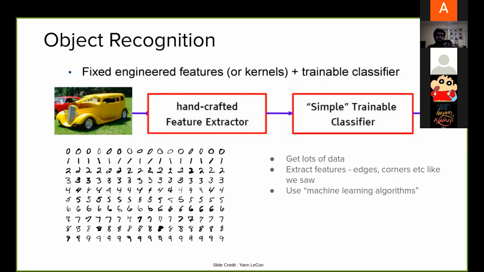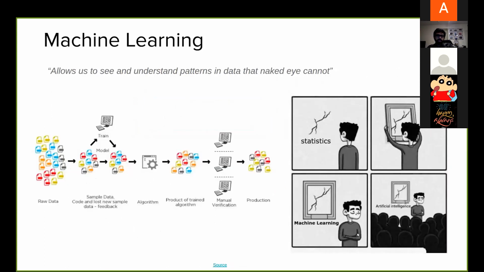It's a bit more complex than that. A car can have different illuminations, different objects, different structures. So what machine learning does is that even though you might not be able to identify the pattern exactly, it gives you a mechanism to understand the shape, understand these patterns without it always being visible to the naked eye. So we just feed it a lot of data, we feed it some labels, and we hope that it will give us good results.